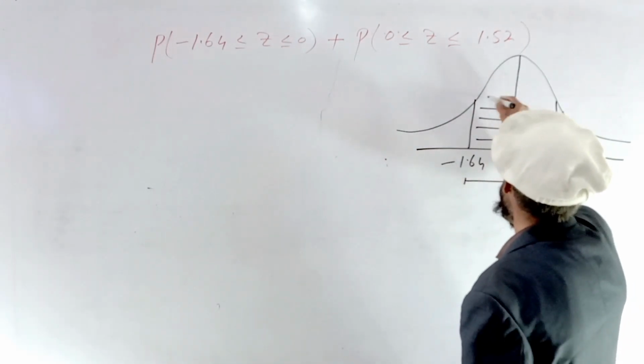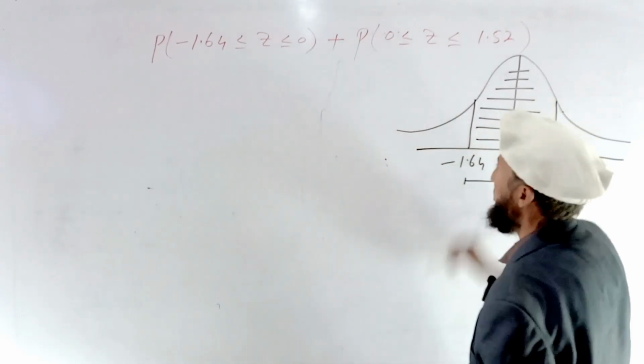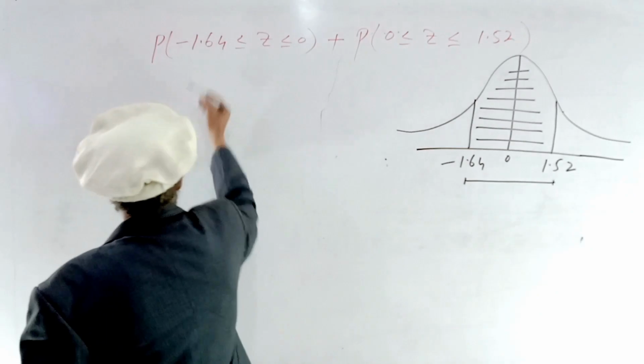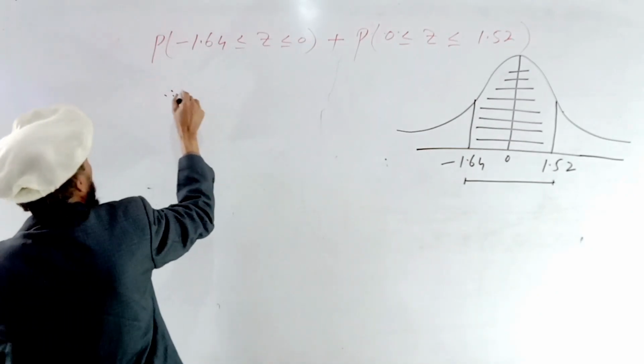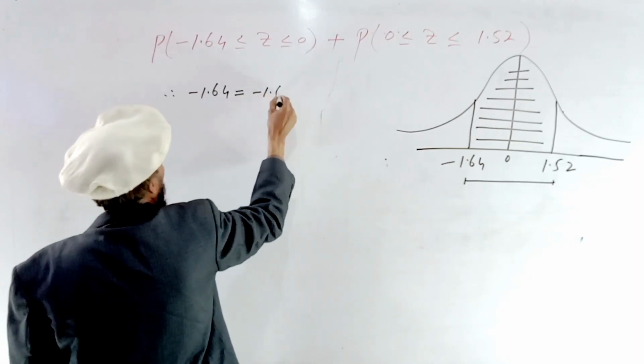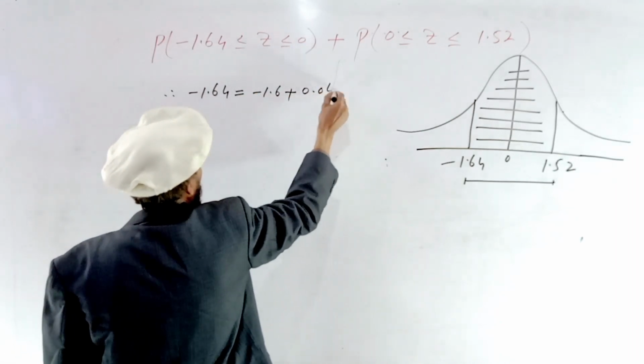How do we calculate this area? We see the Z table. We can write minus 1.64 is equal to minus 1.6 plus 0.04.